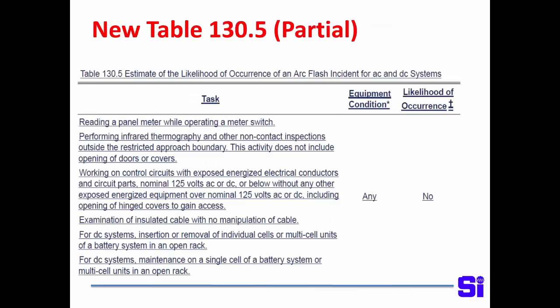So here's a partial view of Table 130.5. It says that it's the estimate of likelihood of occurrence of an arc flash incident for AC or DC systems. And we have a series of tasks on the left-hand side. These are tasks where, regardless of the equipment condition, an arc flash event is unlikely.